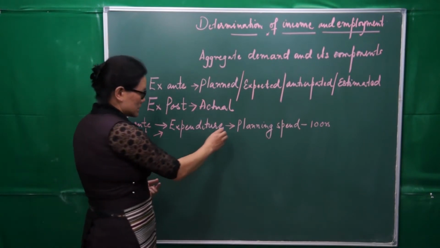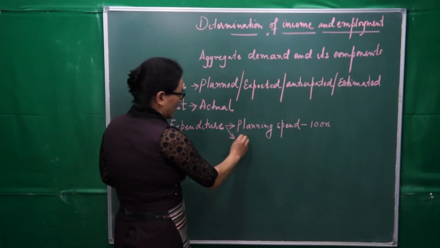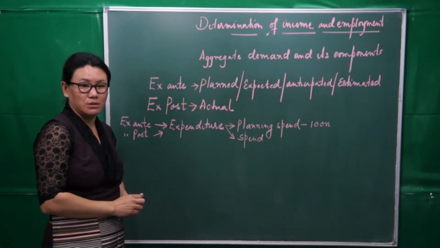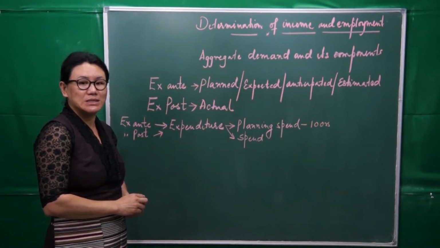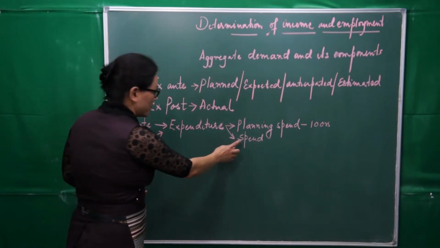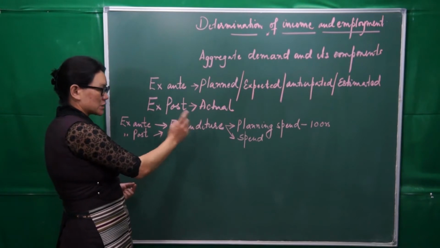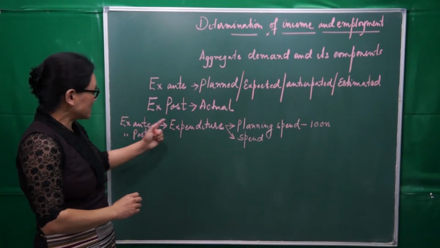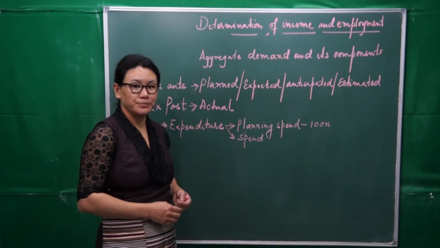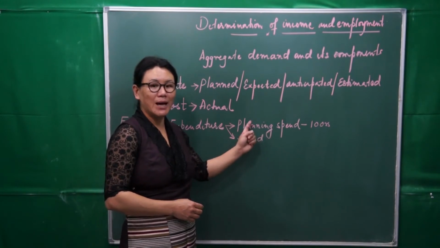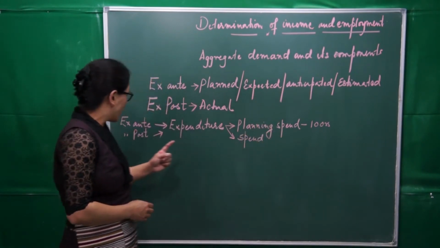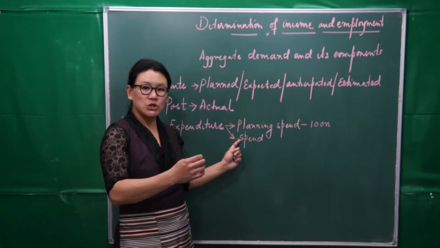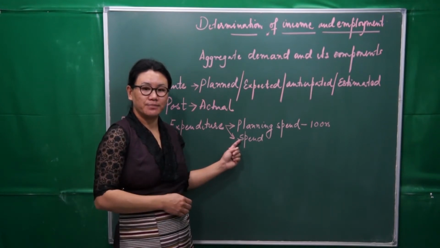Second one is, I have spent this much amount on the purchase of goods and services. Then this will become ex post expenditure. Now, is it clear? Ex ante expenditure is showing planning, plan expenditure. Whereas ex post expenditure shows expenditure which is already done. Spent.